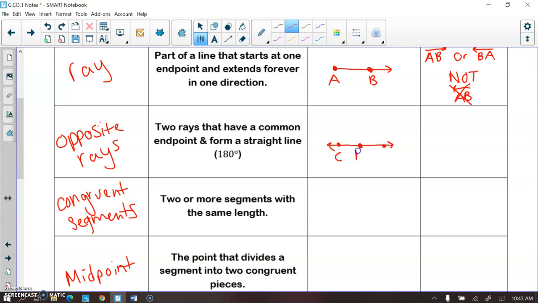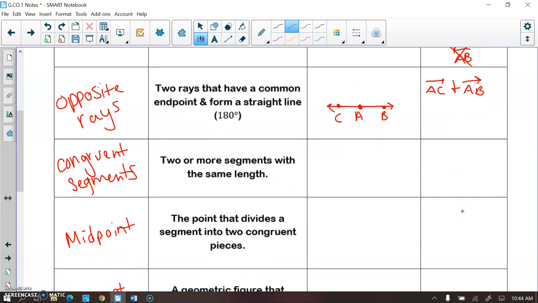So maybe we have this. There is really no notation for opposite rays, but you could say that ray AC and ray AB are opposite rays.